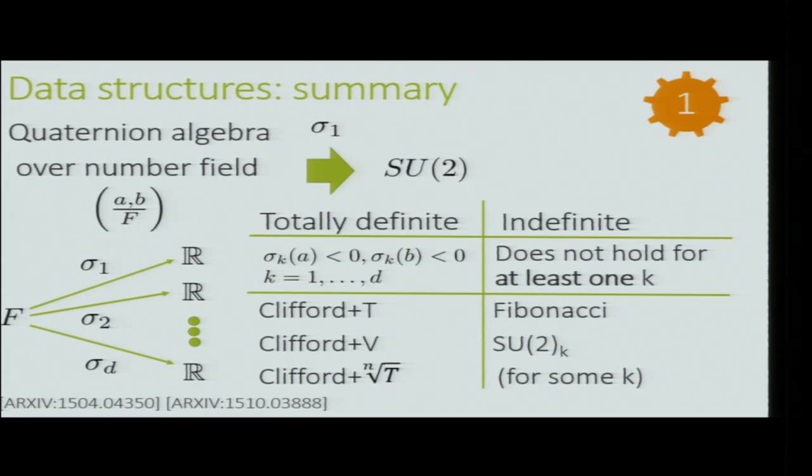In our first work, about the factorization part, we also address partial and indefinite quaternion algebras. But for approximation, the easier first step is totally definite, and we're currently working on the indefinite case. So we are doing totally definite quaternion algebras.